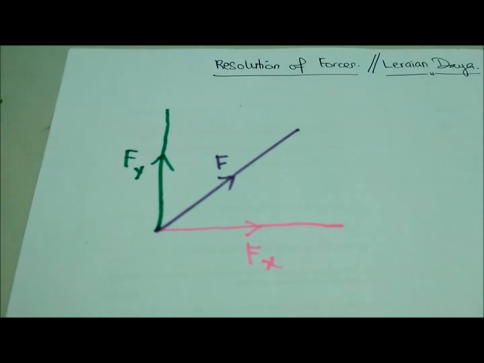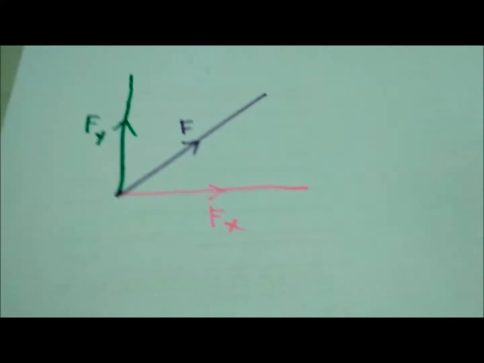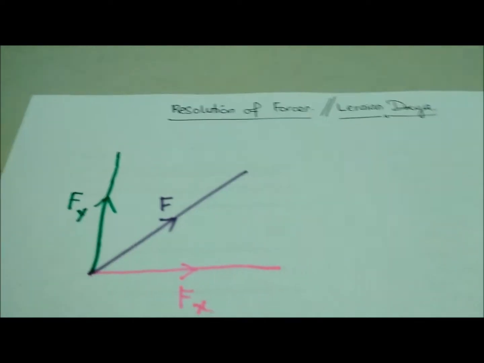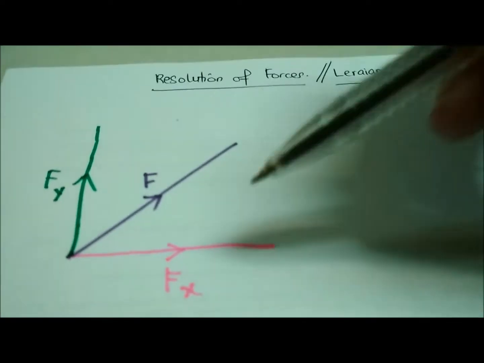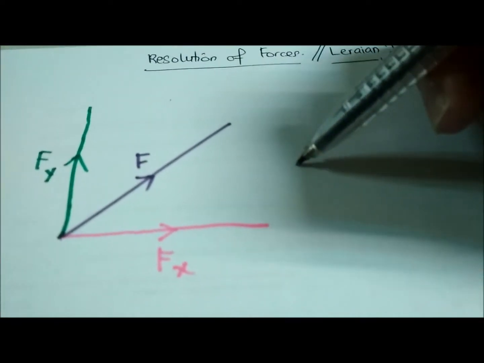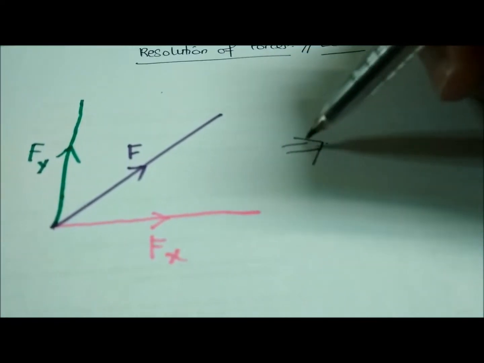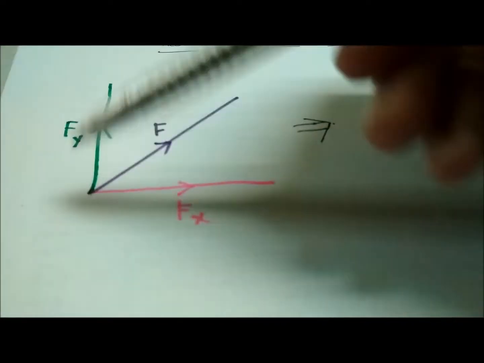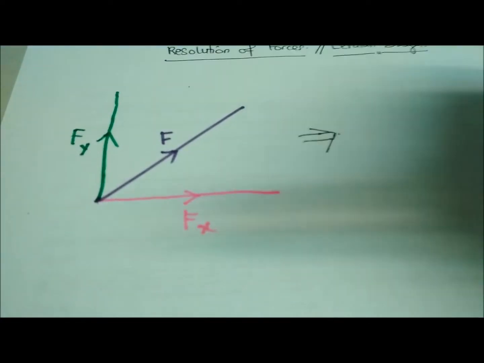If we make it into a detailed diagram, actually we can form a closed right angle triangle. Kita boleh bentukkan satu segitiga yang tertutup.